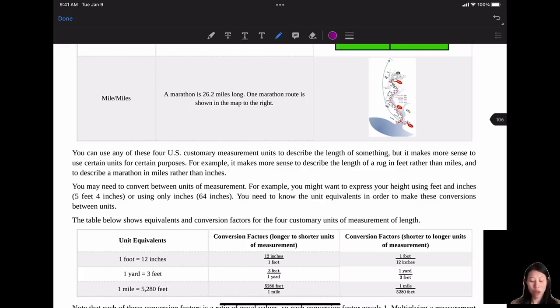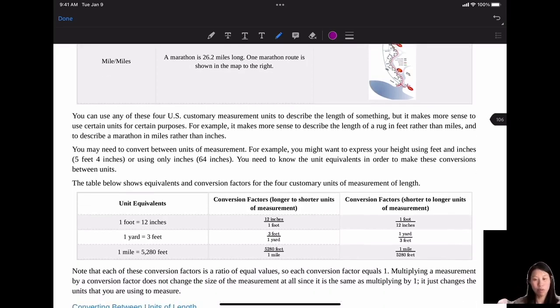Okay, so here are some measurement conversions, how to convert between units. Okay, 1 foot equals 12 inches, because remember our order, inches is the smallest one. And then the next unit is foot, and then the next one would be yard, and the next one would be miles.